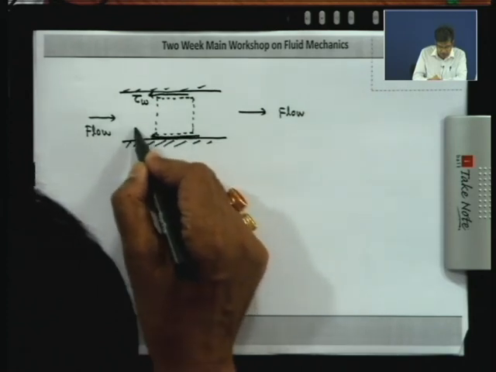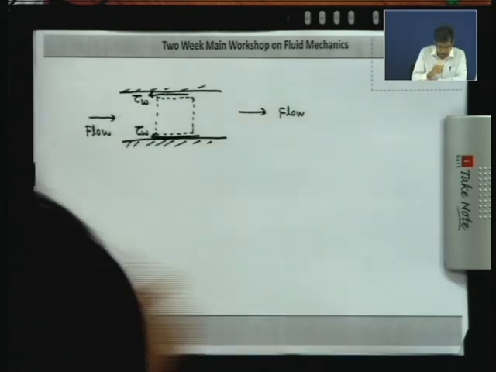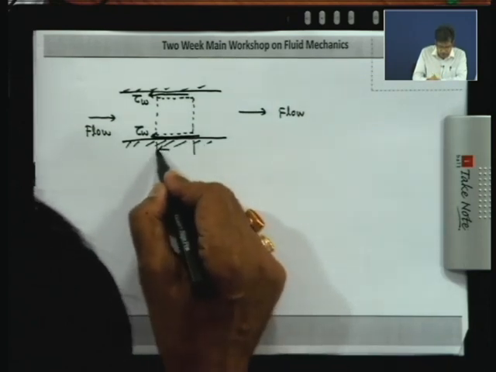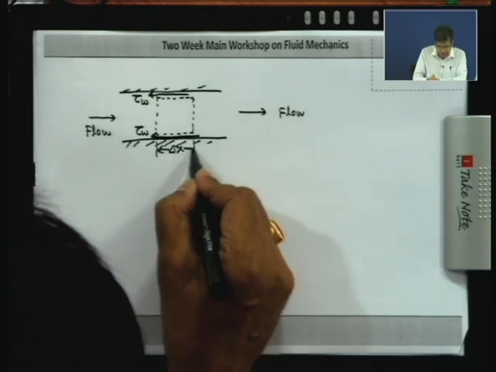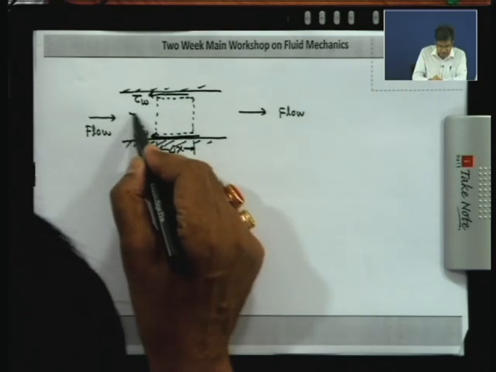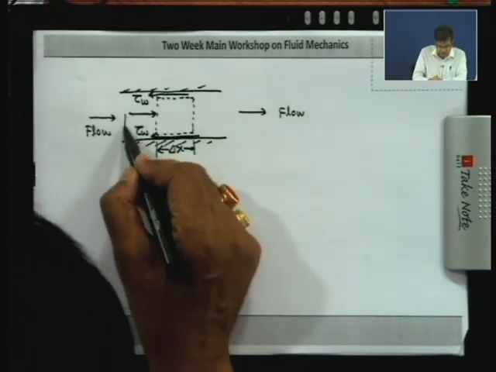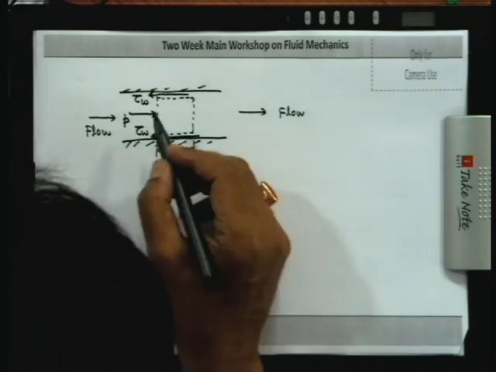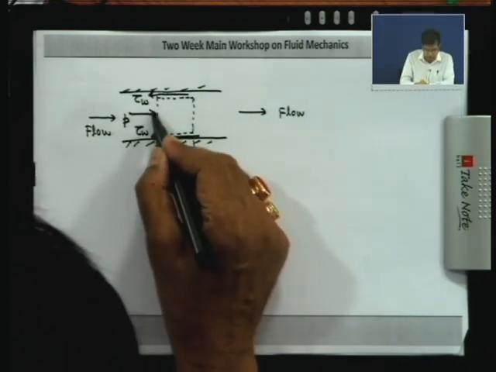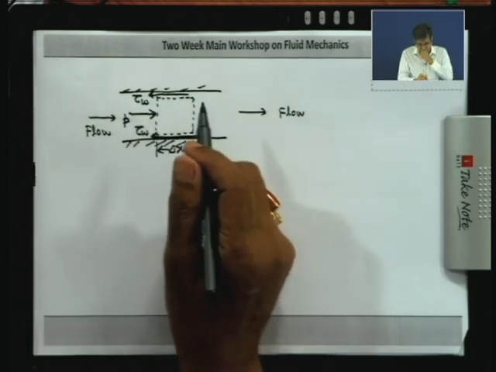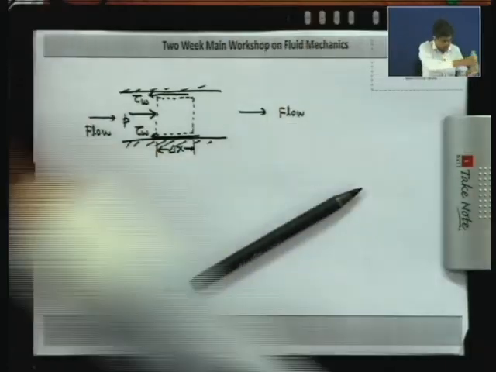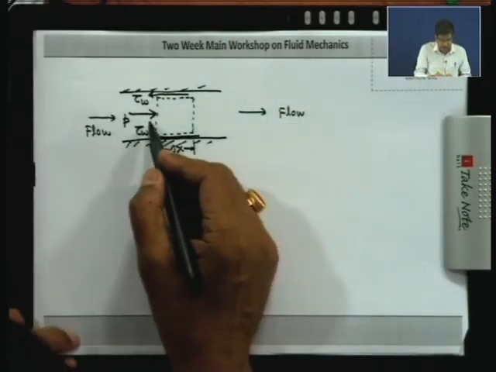Consider the length of this fluid element in the direction of the flow as delta x, and the average pressure over this section is P. You know that in a fully developed flow, as you have already seen in laminar flow, the pressure is uniform across a section, or it is an average pressure at a section.